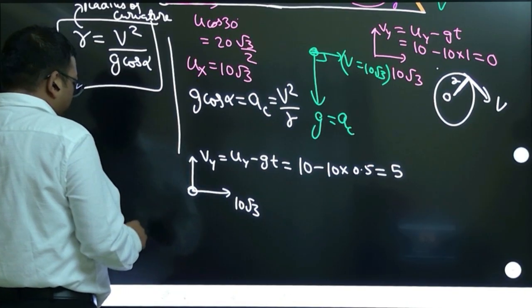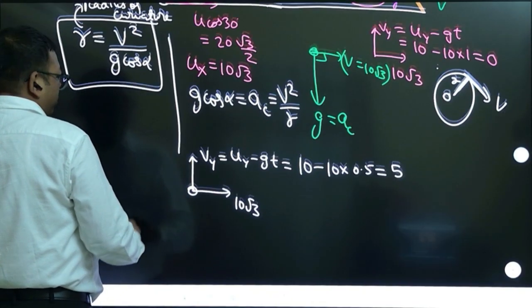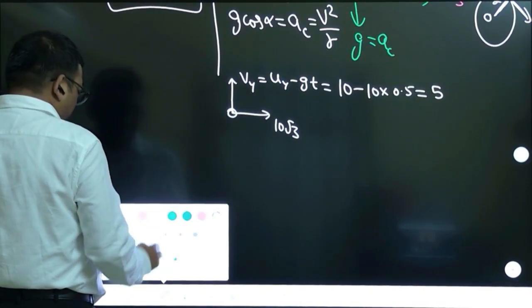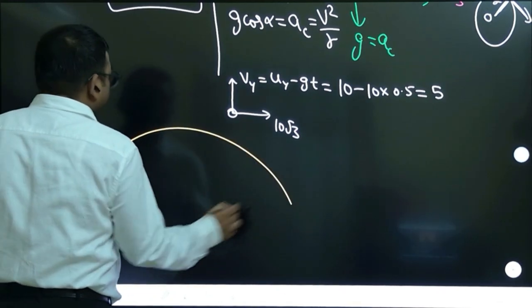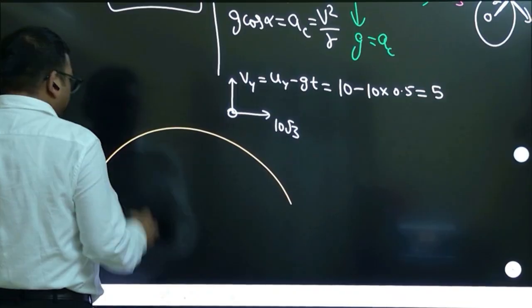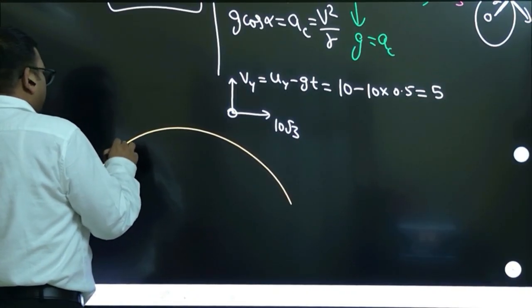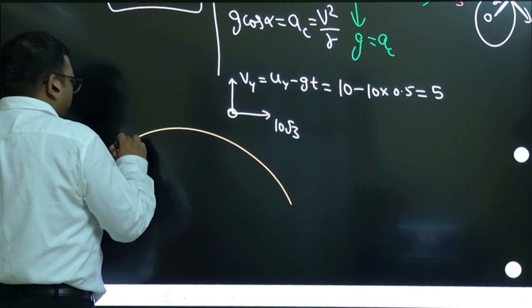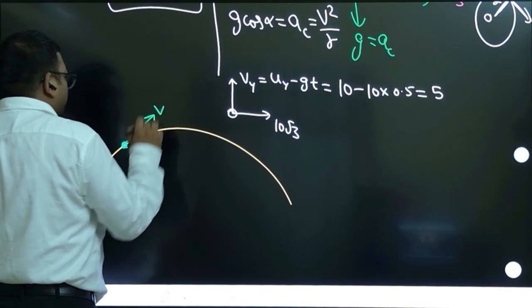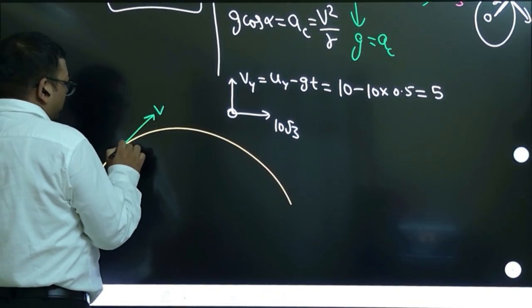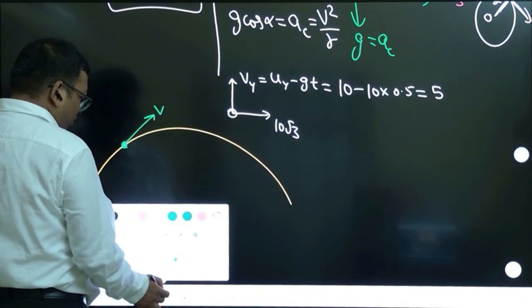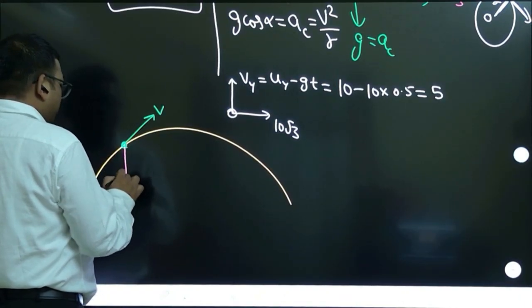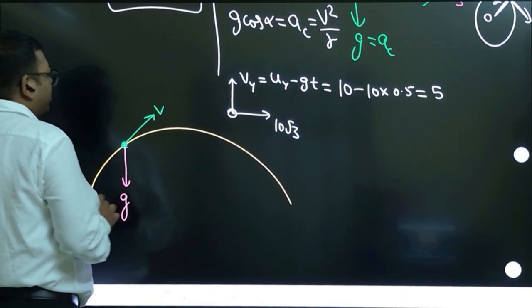Now let us figure out the resultant velocity, because we know the trajectory will be like this, and somewhere it will be here. The directional velocity will be like this. This is the velocity, this is the x component, the y component will be like this, but g, acceleration due to gravity, will be like this.